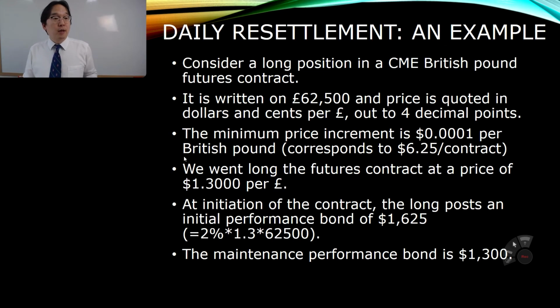All right. So consider a long position in a CME British Pound futures contract. It is written on 62.5 thousand pounds, and the price is quoted in dollars and cents per pound out to 4 decimal points.